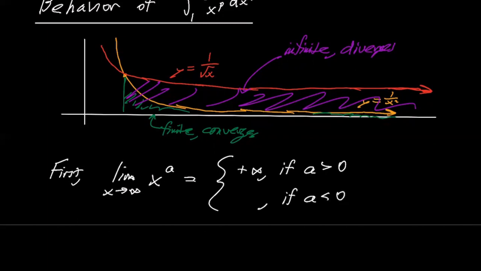That's like if a was, for example, -1. Then this is really 1 over x. And as x gets large, now if you have a negative exponent here, the x is in the denominator. That's the point. x is in the denominator, and that means this goes to 0. So that's the first fact we're going to need to use later.